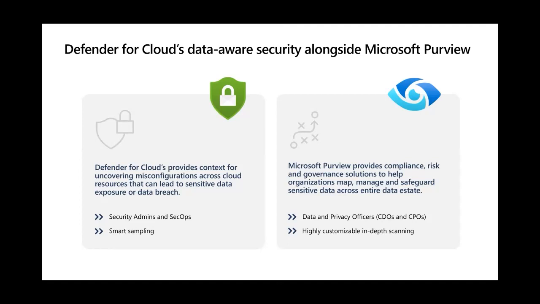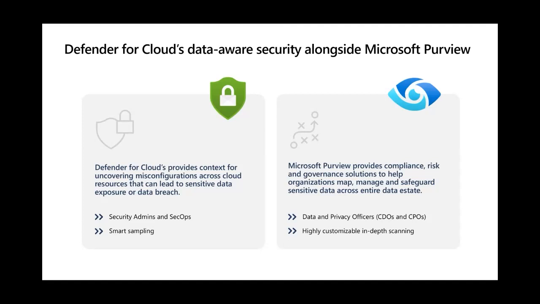The difference between the scanning approach is very simple. In case of Defender for Cloud, where we need to scan huge amounts of data across all the different cloud resources, and we need to enrich the security recommendations and findings, we use a smart sampling scan, which can deliver this very quickly compared to traditional data classification scanning.